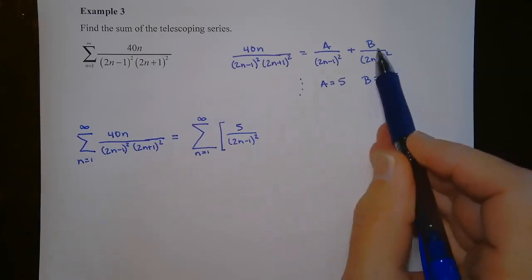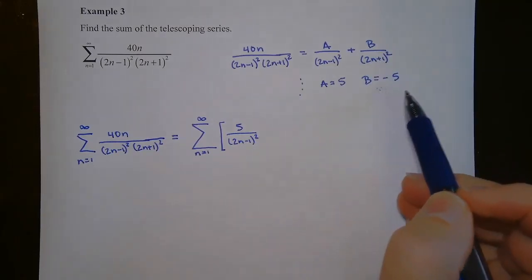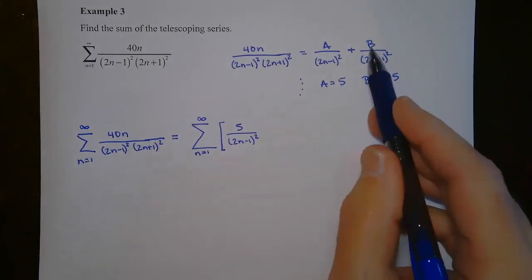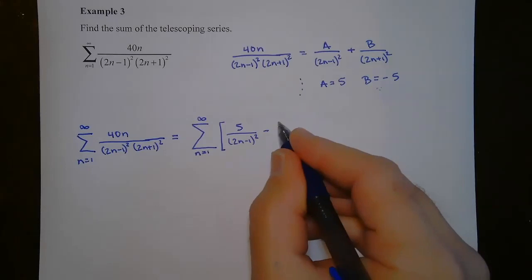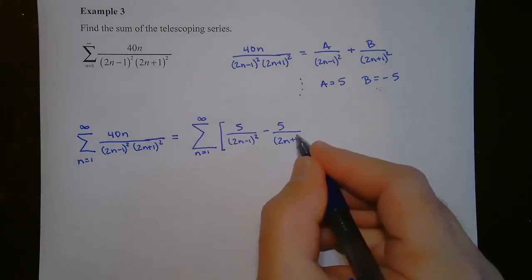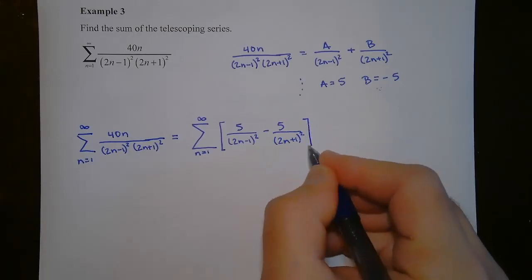Now my b was negative; when we worked this out, we got b is -5. So that makes this minus 5 over (2n plus 1) squared. I'm going to close my bracket here.